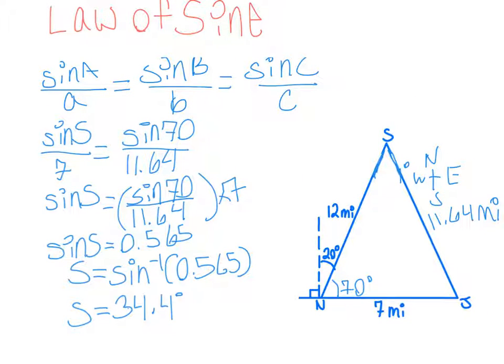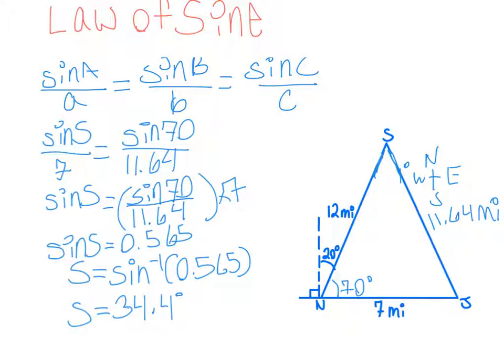After using the law of cosines, we're now going to use the law of sines to find either angle S or angle J. In this particular problem, because the corresponding side length to angle S is 7 miles, we know that it is the smallest angle, because 7 is smaller than both 12 and 11.64.